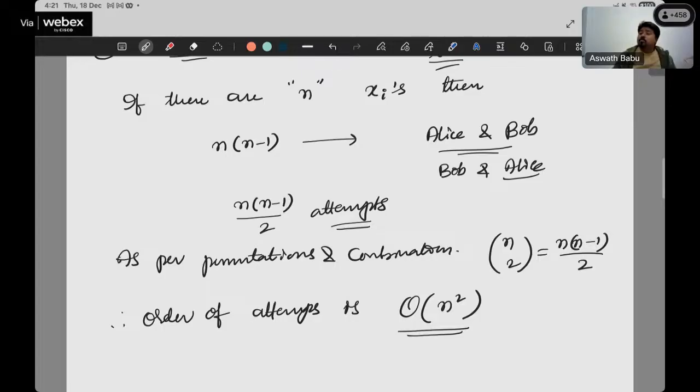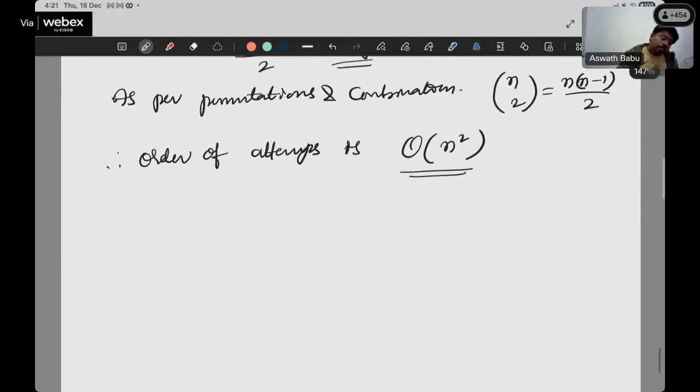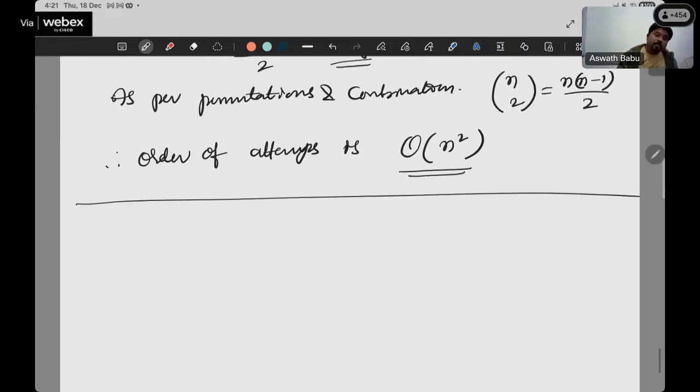When it comes to quantum, you can reduce this. It's the quantum query complexity. There, we would be using quantum algorithms.